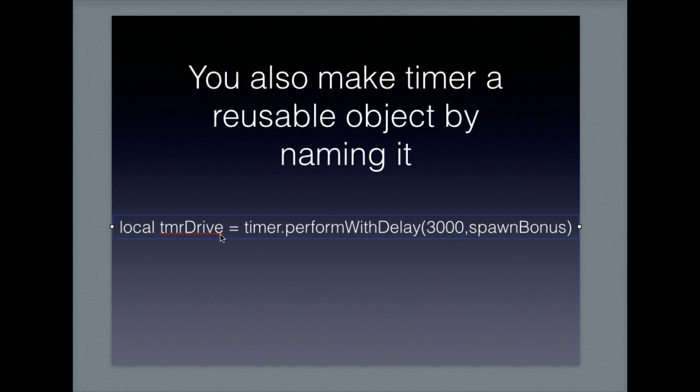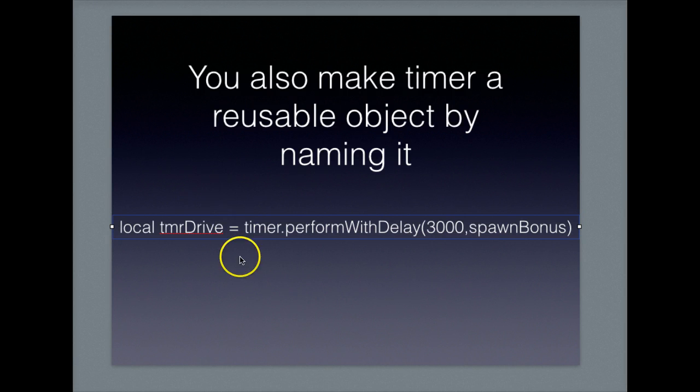Okay, and it's very important syntactically and formatting-wise that this line right here be above any call to TMR drive so that it's loaded first. If you put those cancel buttons or resume buttons somewhere where it's called before the computer knows what that is, it's going to give you an error.